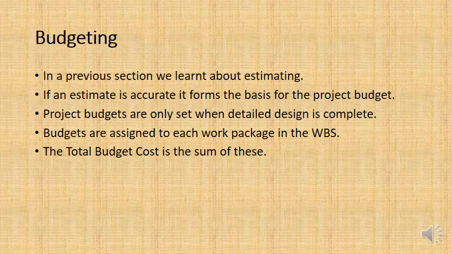Basically, for all of those little individual work packages, you have to define an appropriate budget to bring that work package to completion before you can move on to the next work package. And the sum of all of the work packages is the total budget cost, or the TBC, for the project. So let's have a look at a work package from a work breakdown structure now.